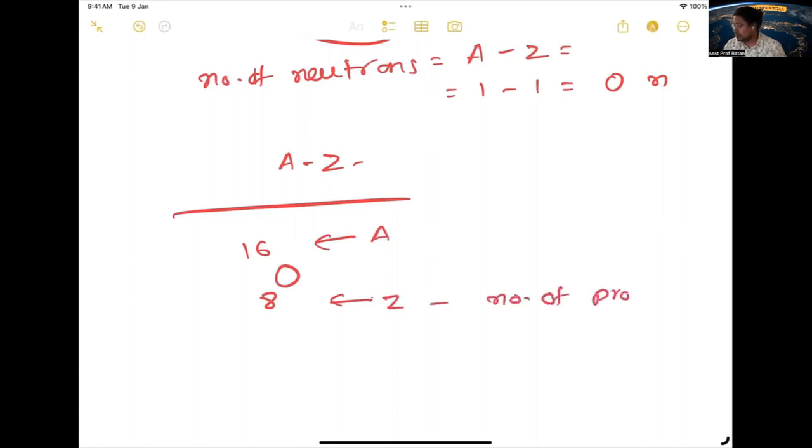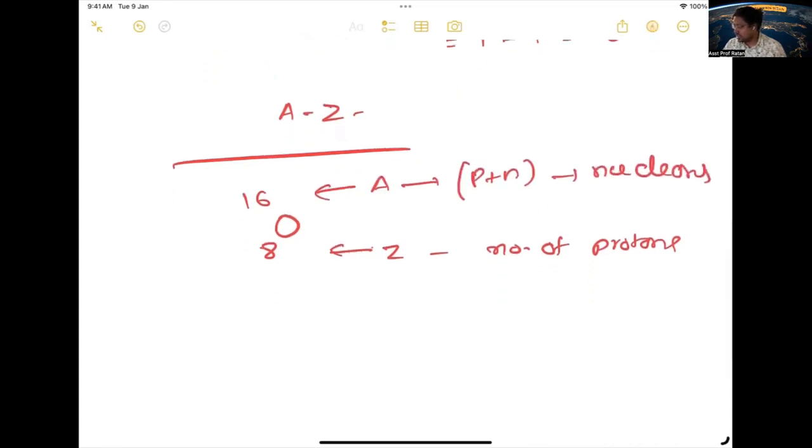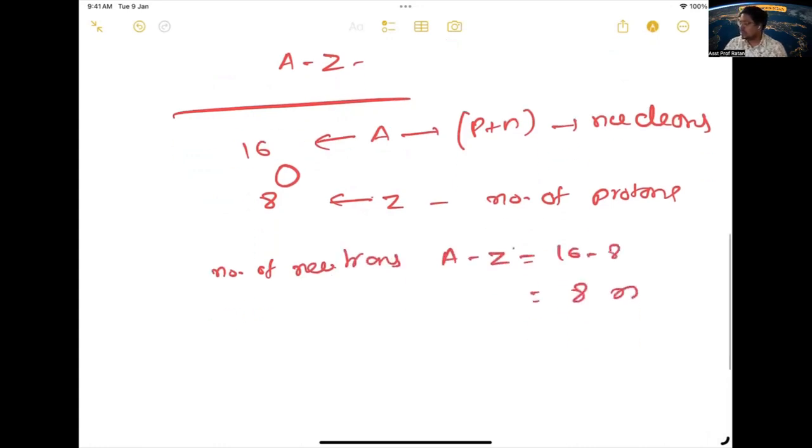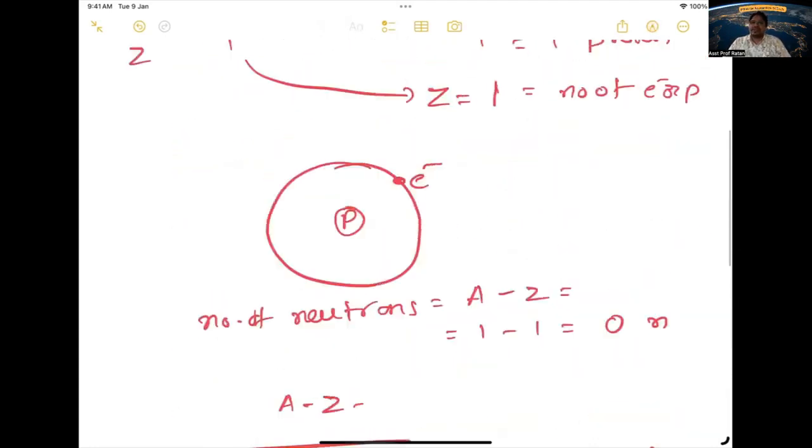The number of protons or electrons is 8. This is protons plus neutrons, that is called nucleons. How many nucleons are there? 16. The number of neutrons can be given by A minus Z, which is equal to 16 minus 8, equal to 8 neutrons. Okay, this is how the representation of every nuclide works.